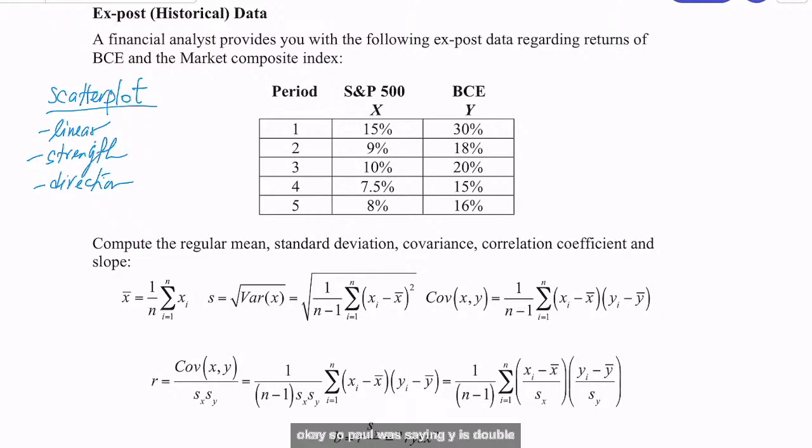Okay, so Paula's saying y is double x, and they move together. Okay, so answer the questions, Paula. The linear, the strength, and the direction? Tell me.